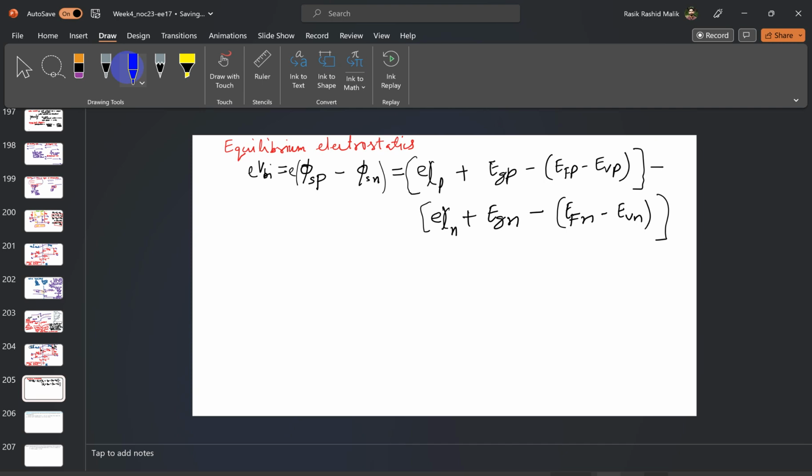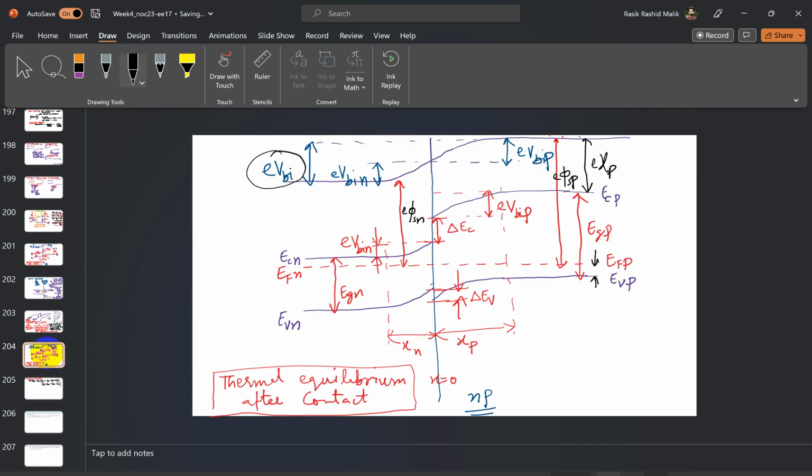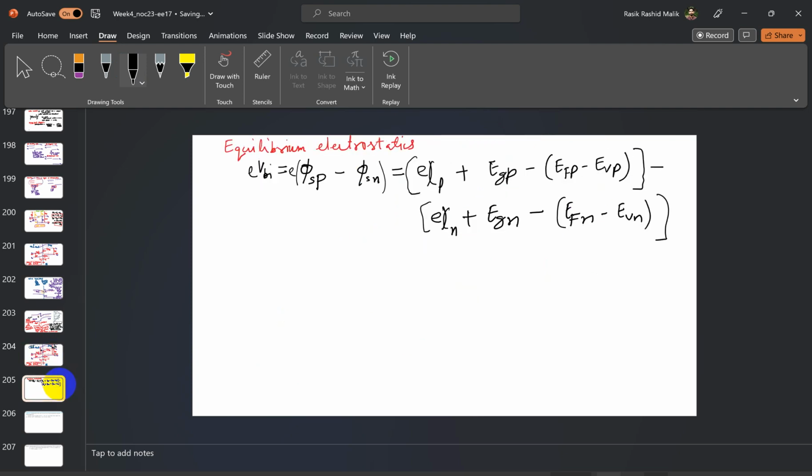So this can be simply visualized here, E phi n, then we added the energy band gap, and then we have to subtract this EFN minus EVN. Okay, let's go back to the derivation. So I can write it as simply, this is E times the difference of the electron affinities, and then the sum of the differences in the energy band gaps.